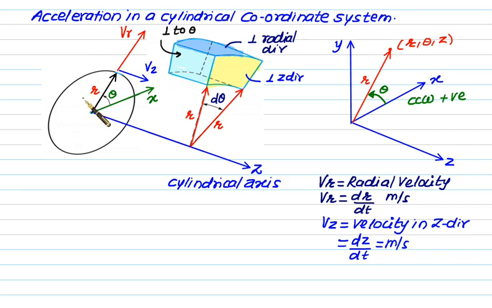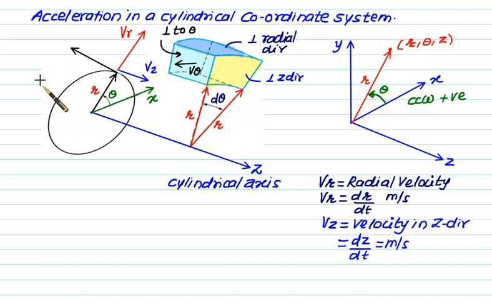I will show here, this one is the direction of v theta to this plane. So I will show this velocity here equal to v theta. This v theta you can call a circumferential velocity, or transverse velocity. At this point we'll draw the tangent to this circular path. So this component here will represent the v theta.